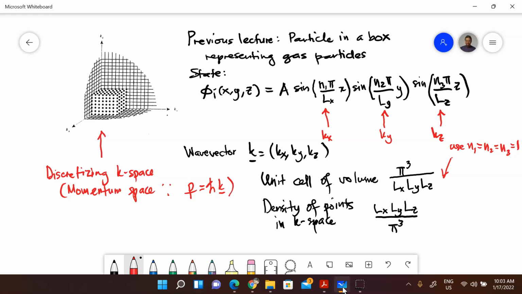We are considering the case of particle in a box, sort of representing gas particles, and the aim is really to go to the point where we can actually prove the Maxwell's distribution for gas particles. And the initial point where we start is to look at this particular state.